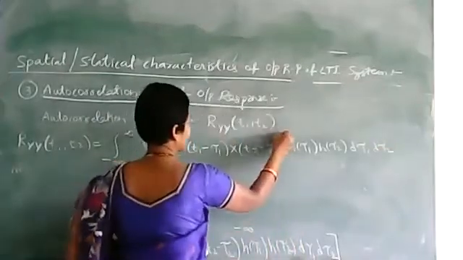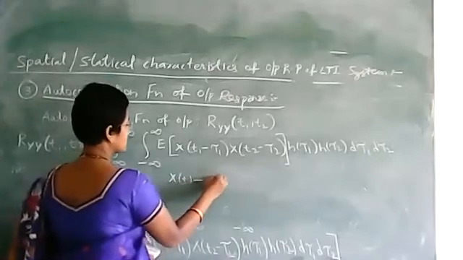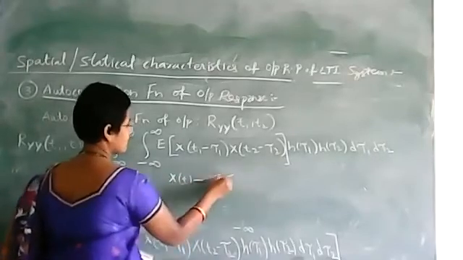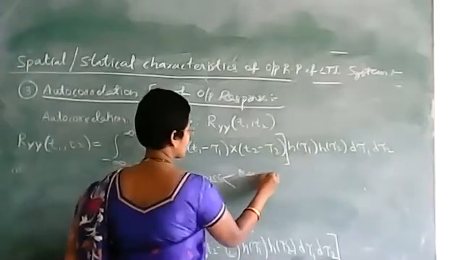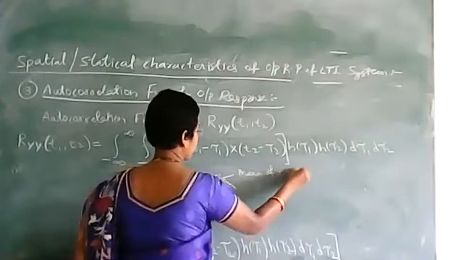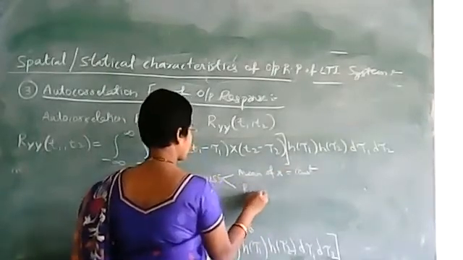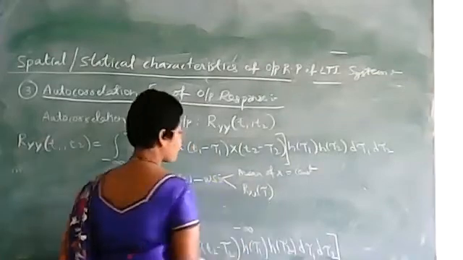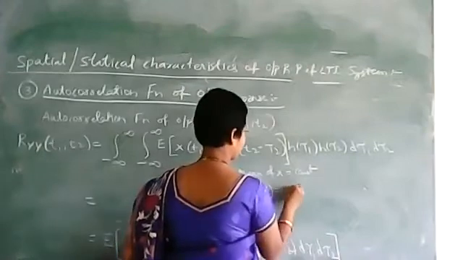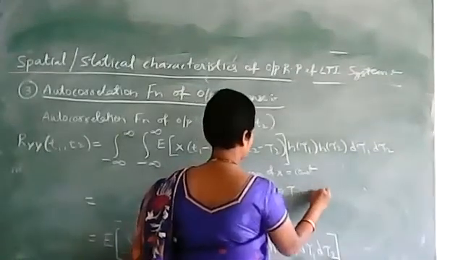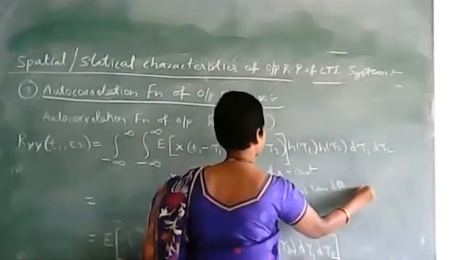Now we have discussed what x is. X is a white and stationary random process. So it will satisfy two conditions: the mean of x is constant, and the autocorrelation function R_xx is a function of tau. What is tau? Tau is the time difference. So it is independent of t.